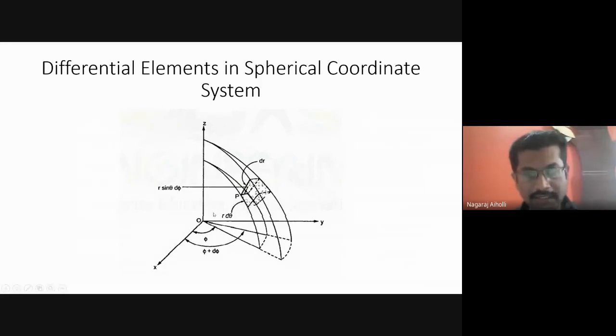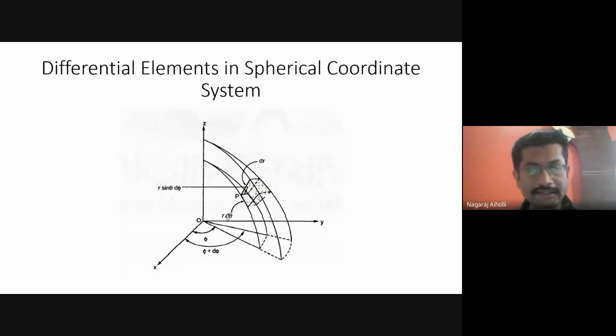Another line is joining from O to P. Now, when these lines are joined, the angle between O to P and the next lower line is d theta. It is the small incremental angle d theta.